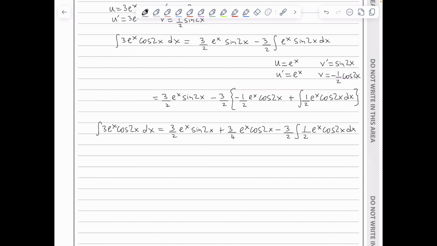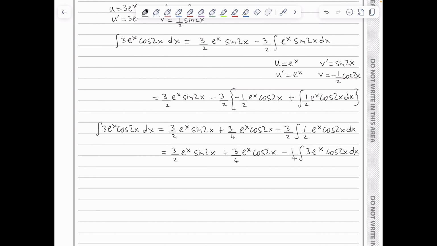I will rewrite the right hand side as 3 over 2 e to the x sine of 2x plus 3 over 4 e to the x cos of 2x, and I will rewrite the minus 3 over 2 times the integral here. I will take the 3 within the integral, I will take the 2 outside. So we're looking at minus a quarter times the integral of 3e to the x cos 2x dx.